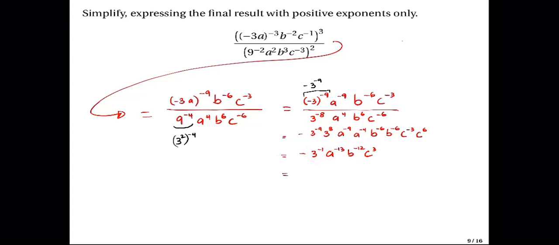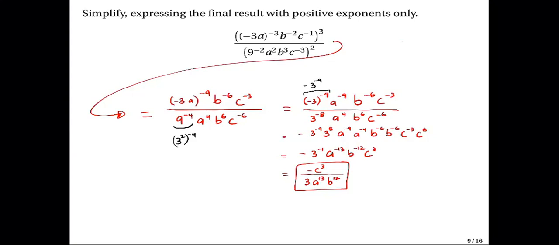So in the numerator, we'll just have negative c cubed. On the denominator, we'll have 3 to the 1, which is just 3, and then a to the 13 and b to the 12. So this is the last expression. Okay?